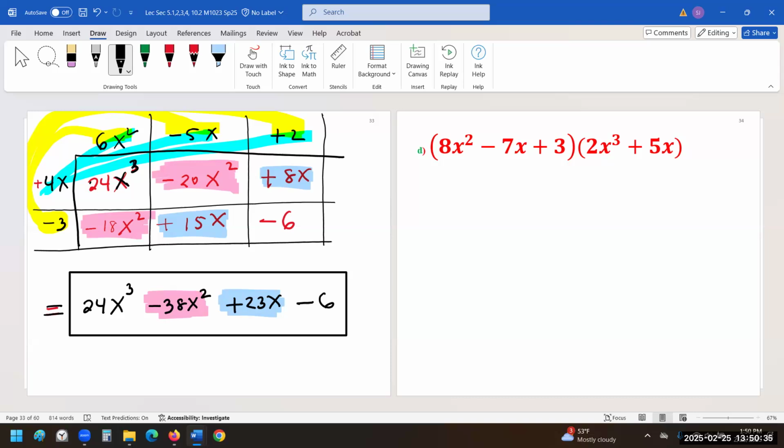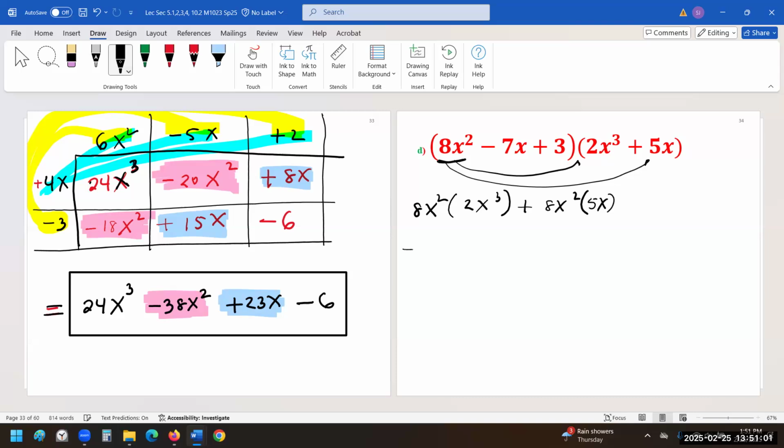Okay, Melvin, help me with this. Which method did you use? Distribution or box? Traditional, okay. So you distributed, right? You take 8x squared and multiply it by both terms. So 8x squared times 2x cubed plus 8x squared times 5x.